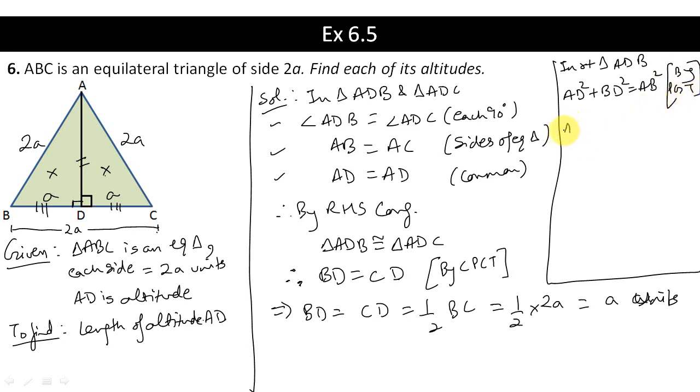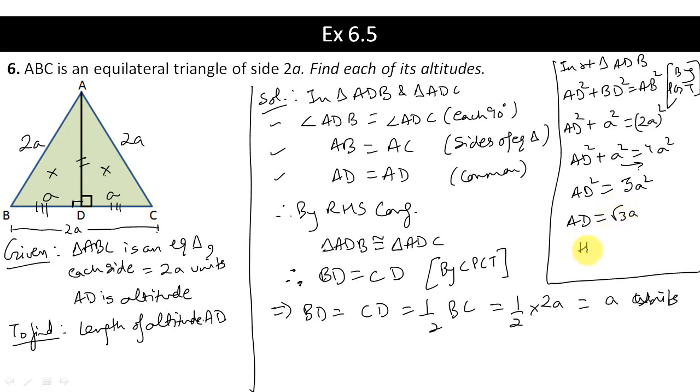Value of AD, this we have to find, plus BD is A, so this will be A square, and value of AB, this is 2A whole square. So AD square plus A square is equal to 4A square. That means I can write AD square is equal to, this A square will move to the right hand side, and this will become 3A square. So the value of AD will be root 3 A.